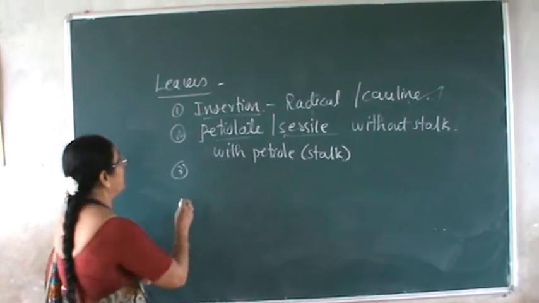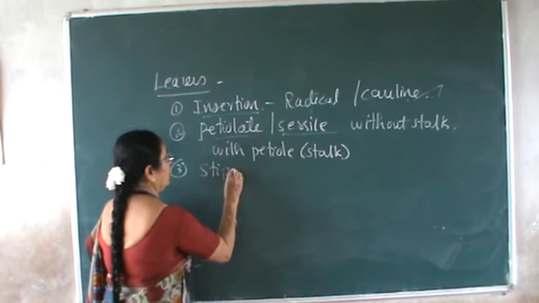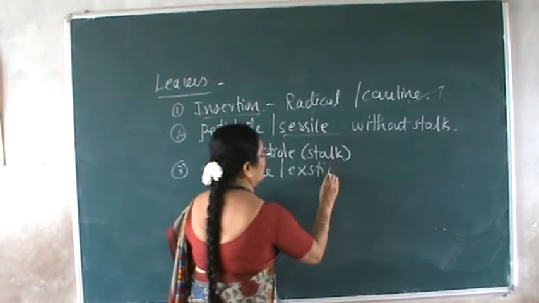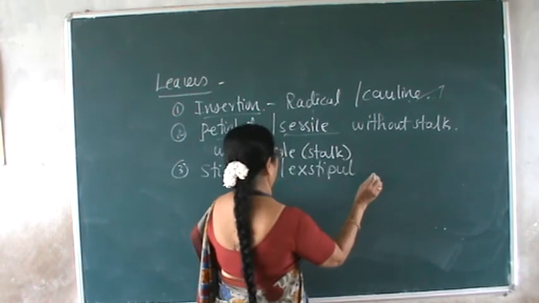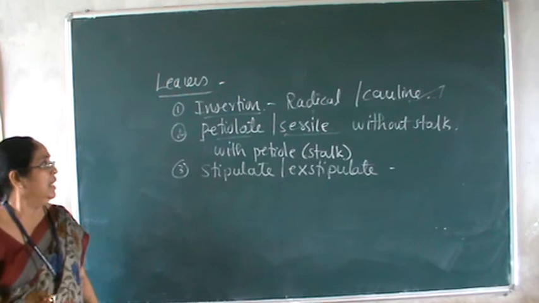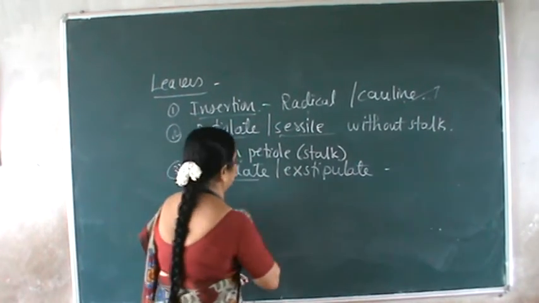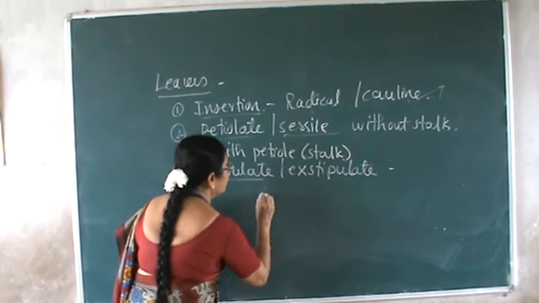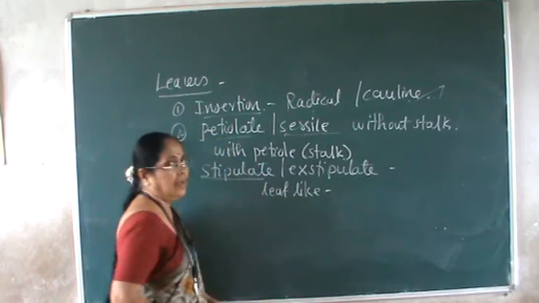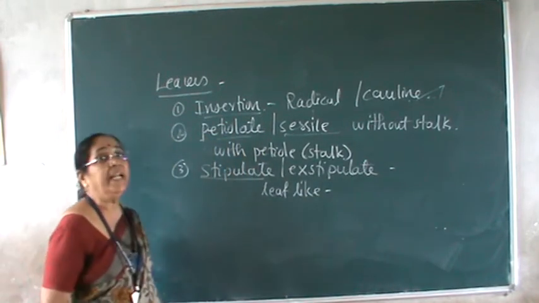Stipulate or exstipulate. Now what are these stipules? Stipules are small leaf-like structures. They are the additional leaf-like structures which are formed at the leaf base.